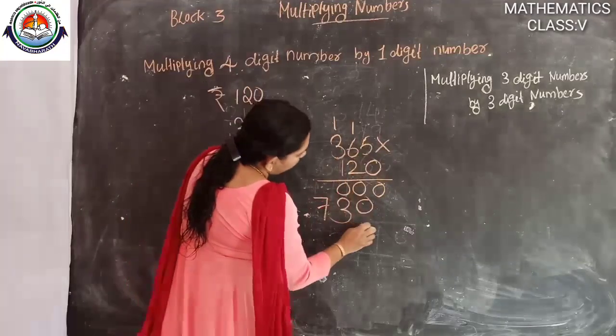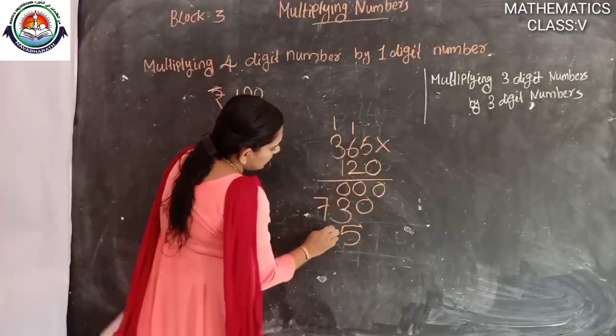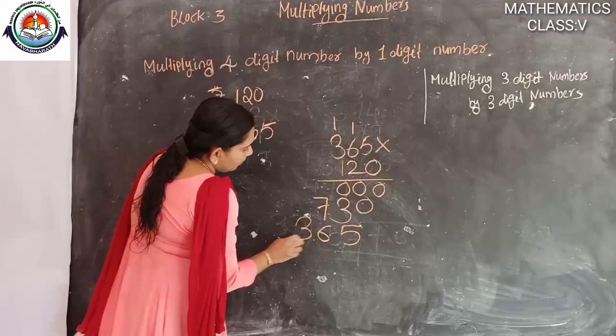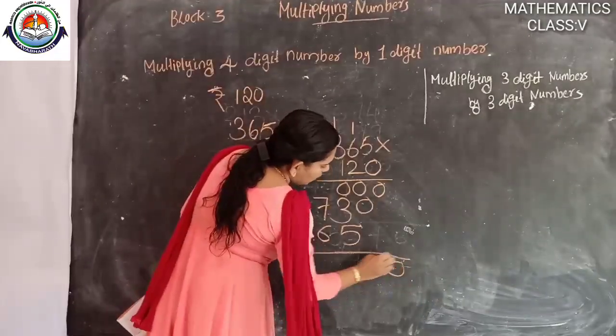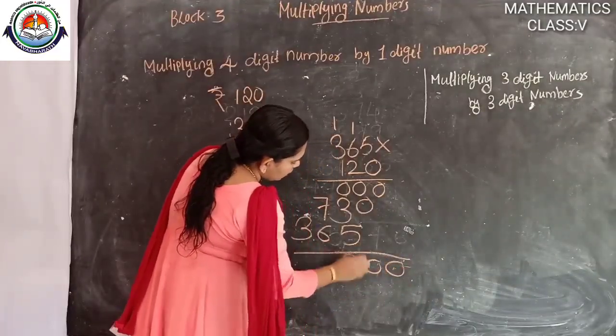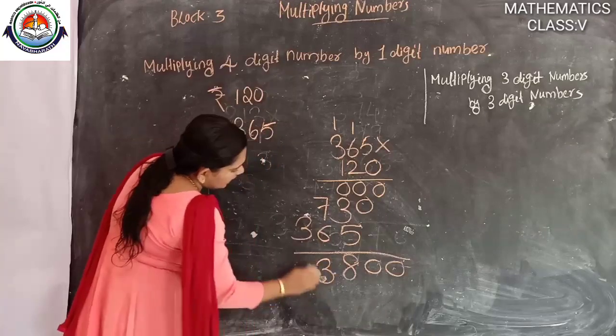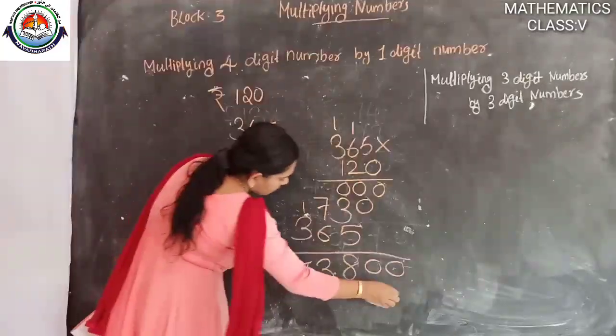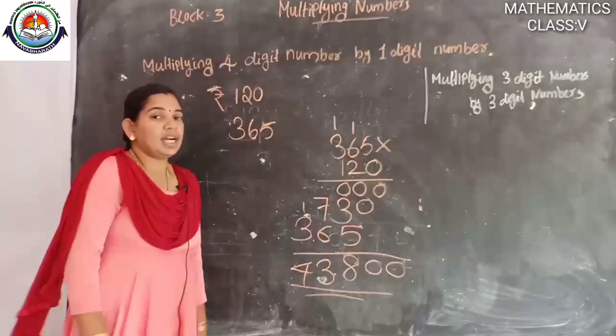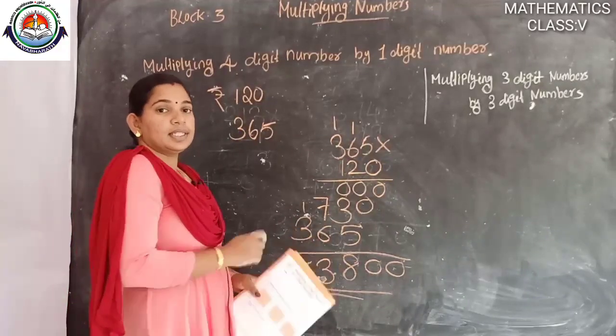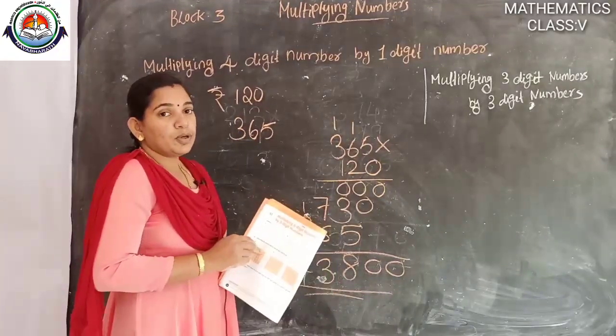Then 1 into 5, 5. 1 into 6, 6. 1 into 3, 3. 0, 0, 8, 13, 4. 14,800 is the answer. Okay, this is a workbook problem.